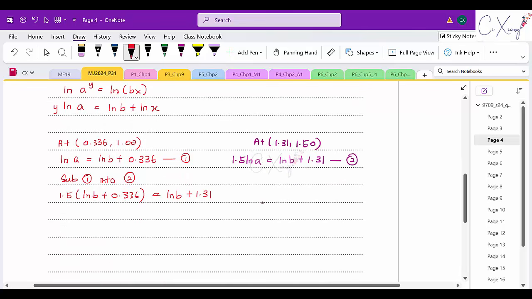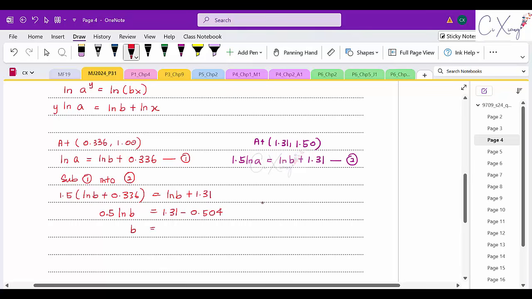Okay, then if you try to further simplify all the terms here, by right, you have 0.5 ln b equals 1.31 minus 0.504. Then again, apply the property that I showed you just now.